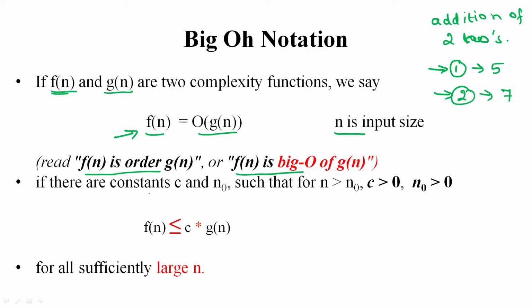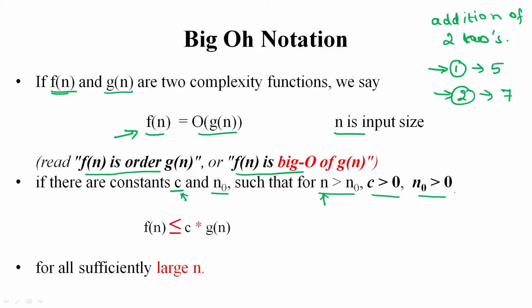If there are constants c and n0, where c is the constant and n0 is some input size, such that for n greater than n0, where n is the maximum input size, c is always greater than 0 and n0 is also greater than 0.